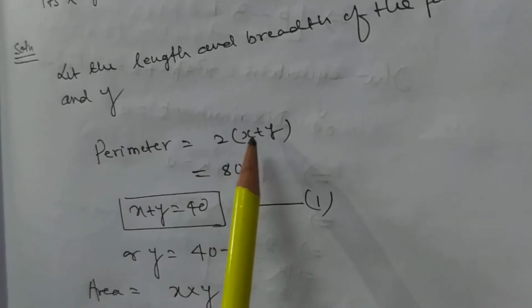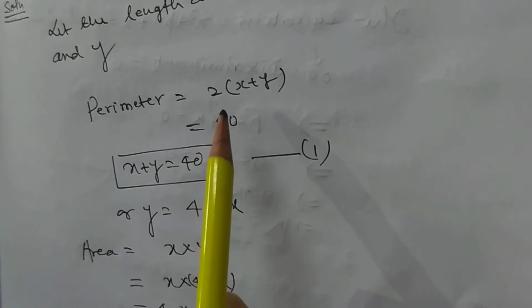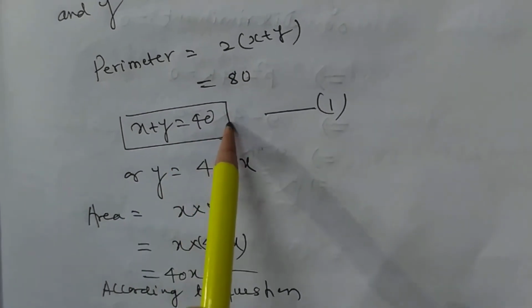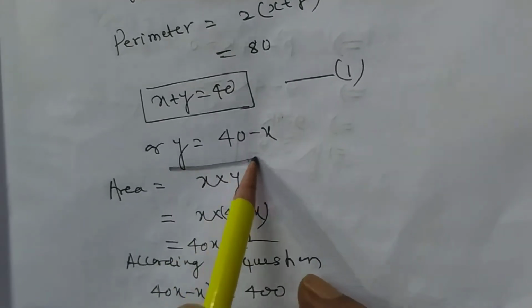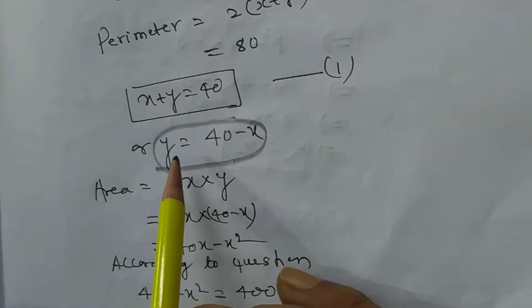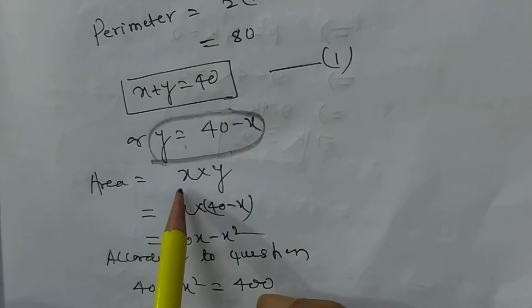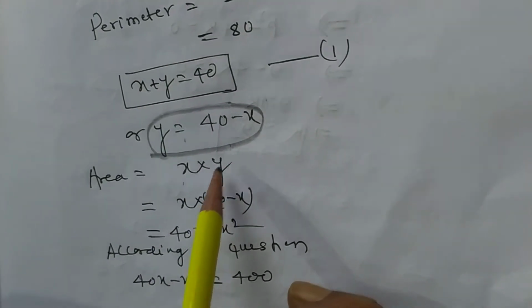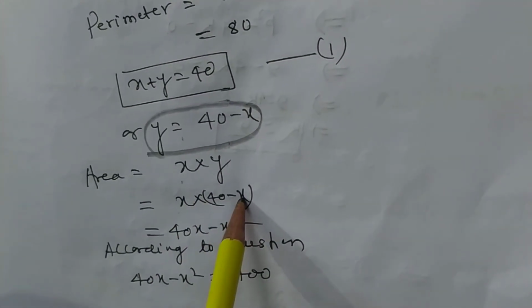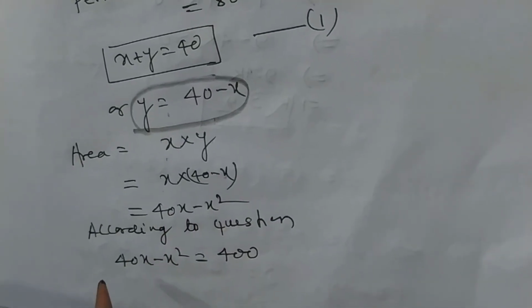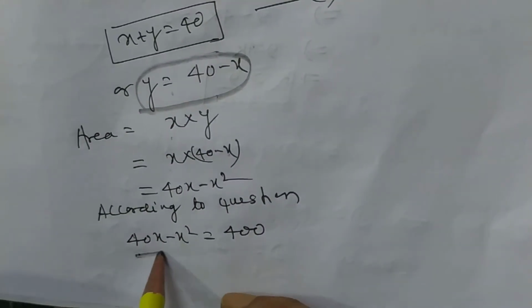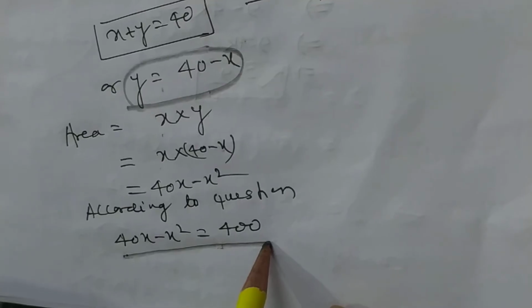Perimeter is equal to 2 into (x plus y), and it is given 80, so x plus y is equal to 40, and this is the very important part. y is equal to 40 minus x. Area is x into y, x into 40 minus x, 40x minus x square. According to question, 40x minus x square is equal to 400.